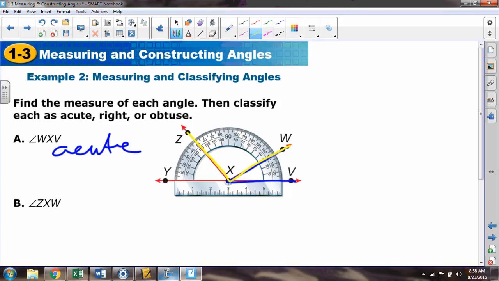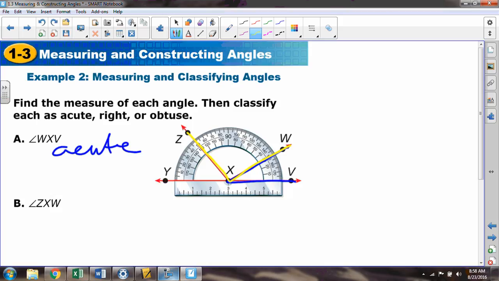Well, how big is it? It looks pretty close to 90 degrees. Visually, some people may say, okay, it looks kind of like it's 90, so I'm going to call it 90. We can't look at something and say, oh, well, that looks like 90, so it must be 90. We actually need to measure it.